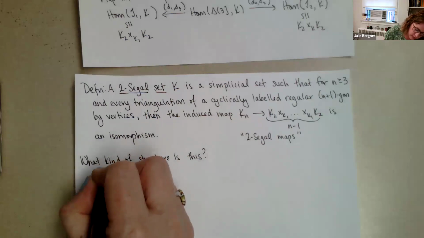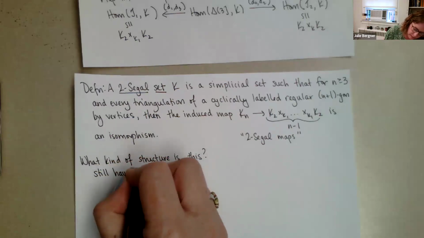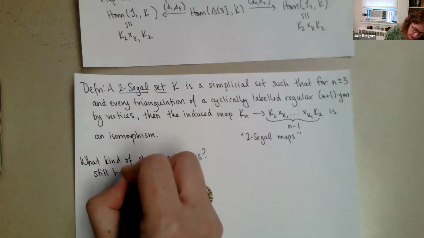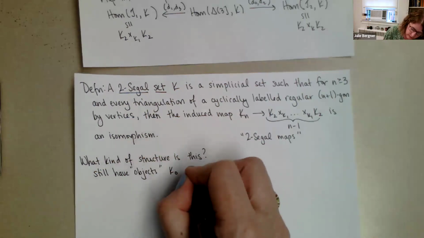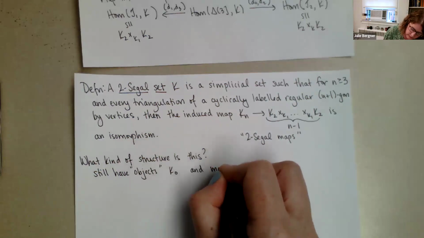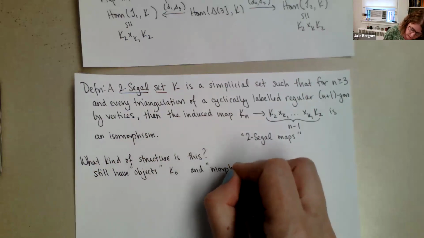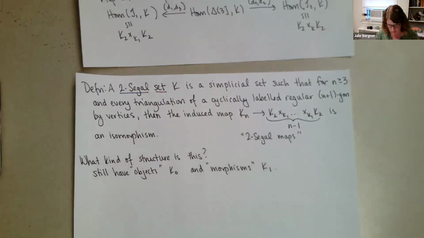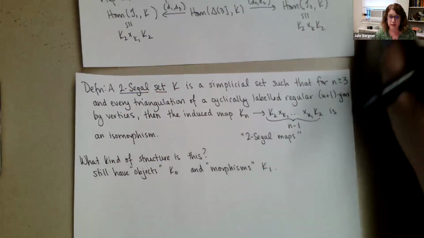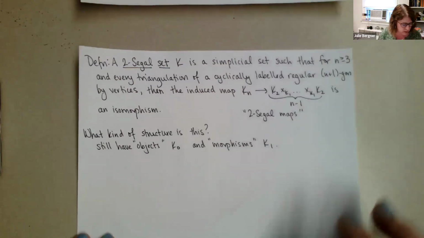So we still have objects, given by the set K0, and morphisms, K1. We really just have those coming from the structure of a simplicial set.